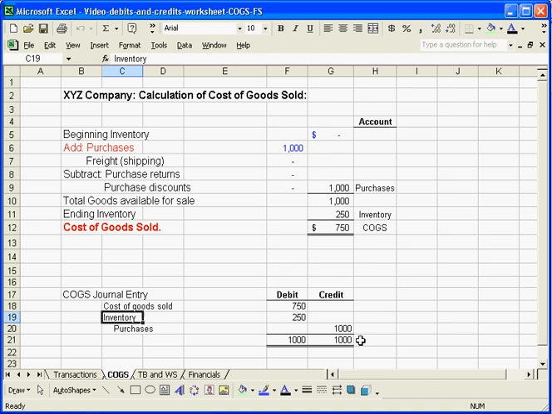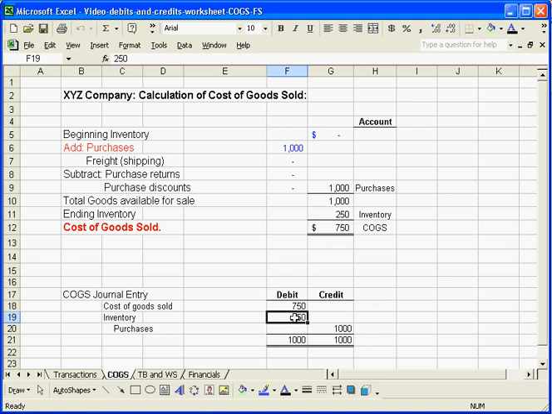And so the journal entry that we are going to generate is that we are going to debit cost of goods sold, based on the information we have up here, for what it comes out to, $750. Inventory, we are going to debit also, because when we went on the floor, we realized that we have an asset sitting out there. We have $250 worth, and so we have to put that on the books.